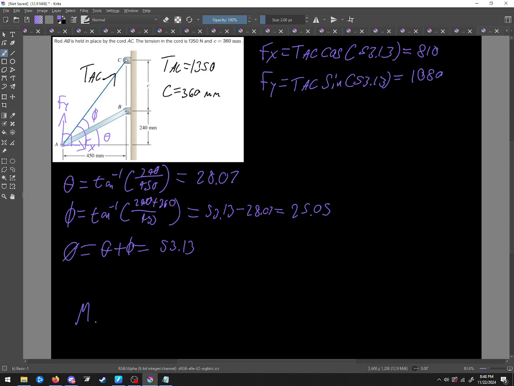So now let's take the moment about B. So our distance r is going to be 450 times Fy, which is 1080. And that's going to rotate this thing clockwise. This is going to be negative. And then x is going to be counterclockwise. That's going to be plus 240 times 810.